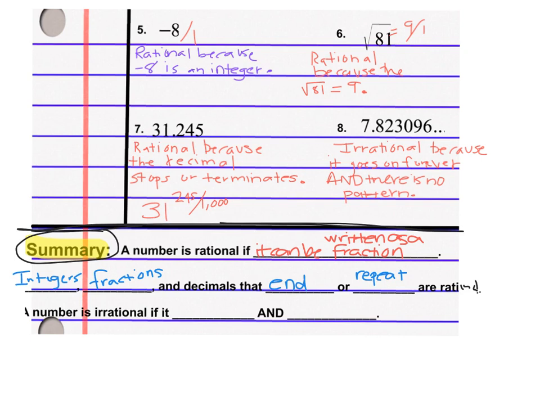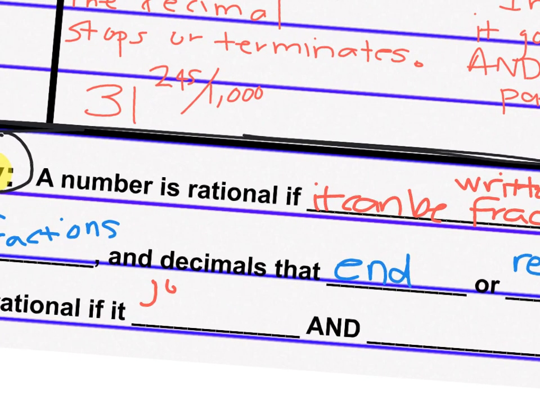A number is irrational if blank and blank. Think about even number 8 here on this same slide. What were the 2 things that had to be there for a number to be irrational? So the answer is if it goes on forever. Let me zoom in a little.